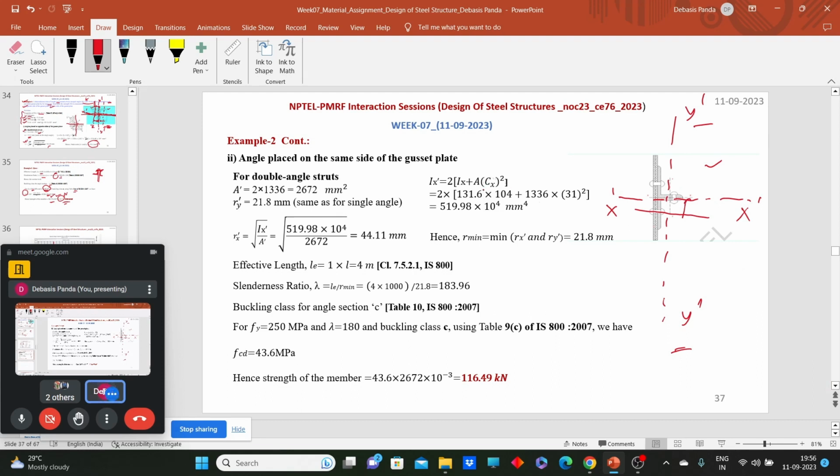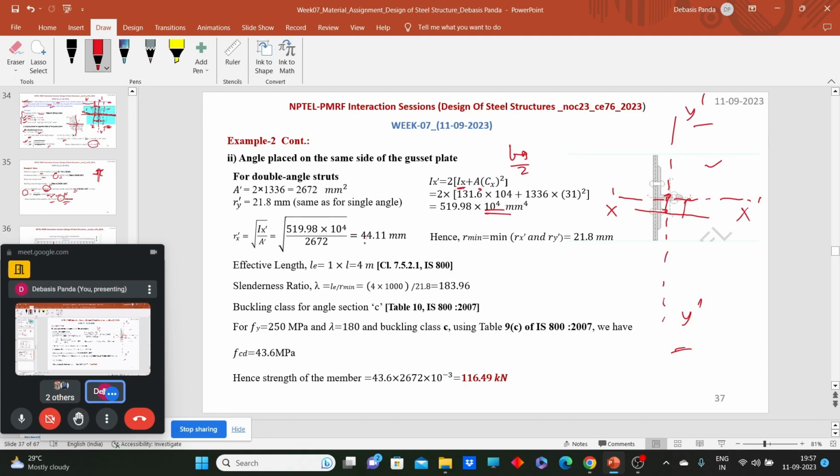Just we can do it 2 into Ix plus A into Cx. What is the value of Cx? Cx is nothing but this value. Here the gusset plate is not there, that's why I didn't add that tg by 2 value. So Ix, that means the moment of inertia of the whole member about x-axis, comes as this.